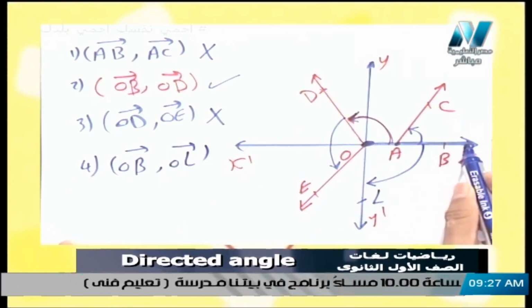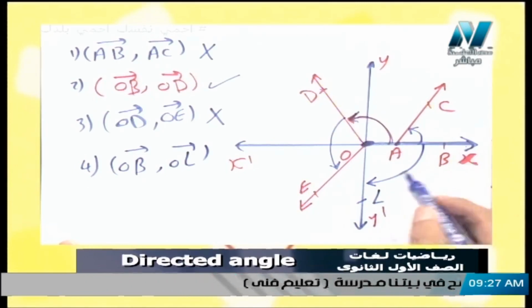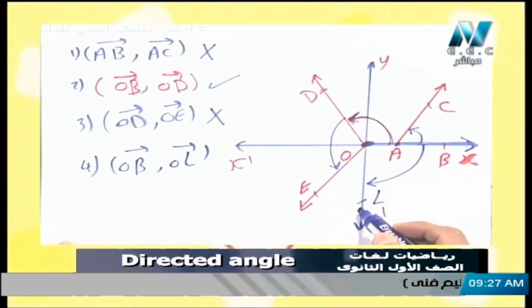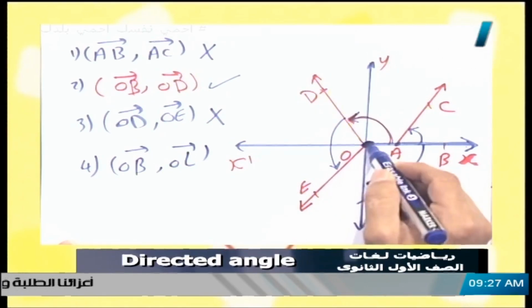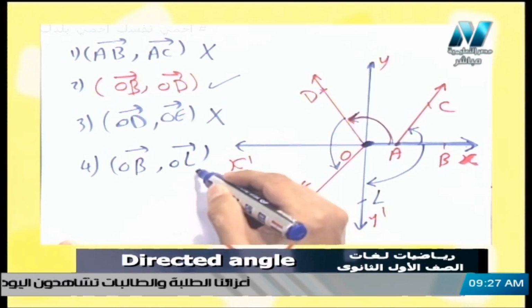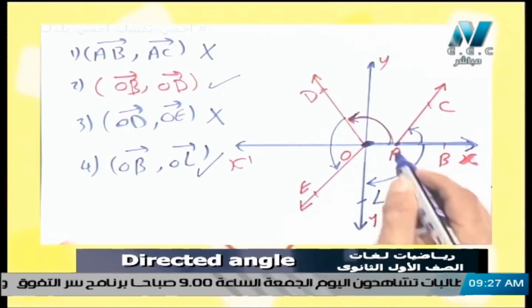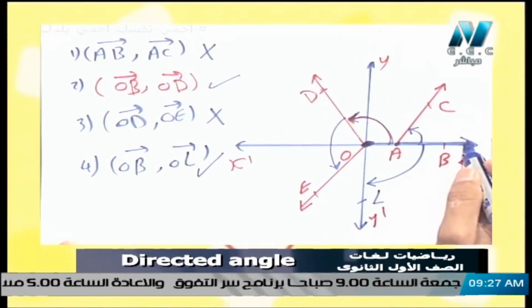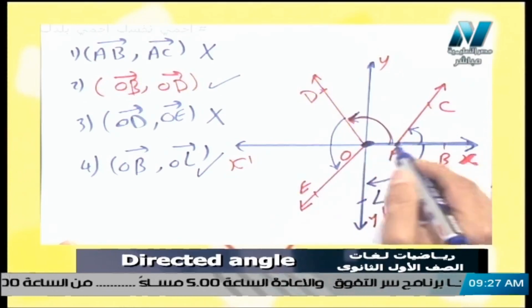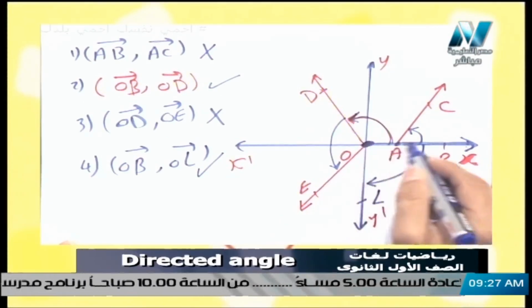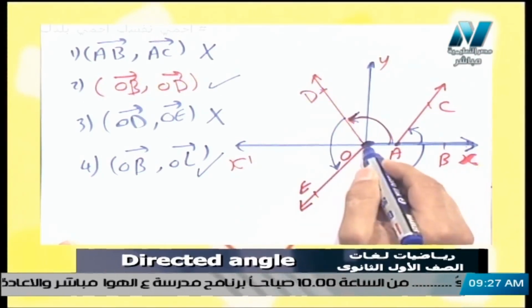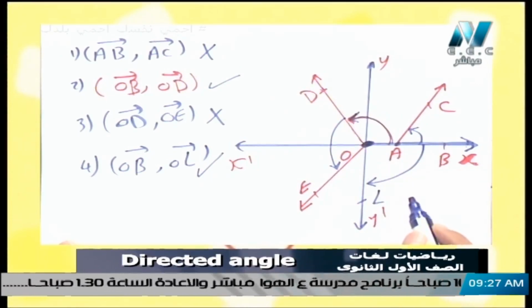OB here is the positive direction of the x-axis, and OL here is the terminal side, and its vertex here is the origin point, so it's also in the standard position, because the initial side is the positive direction of the x-axis, and the vertex here is the origin point.